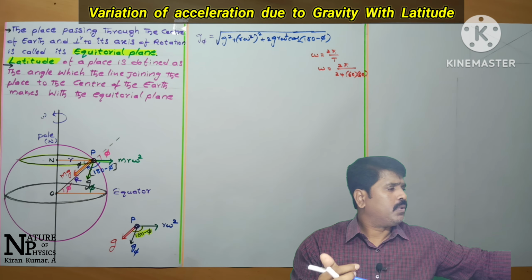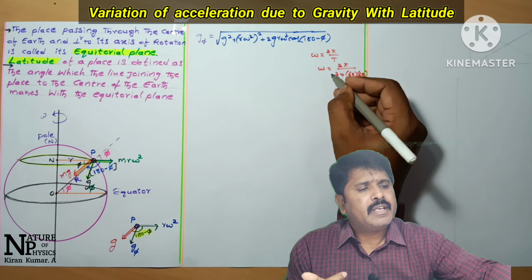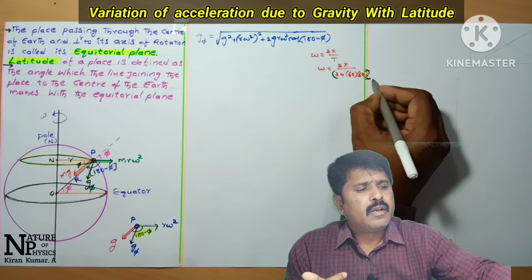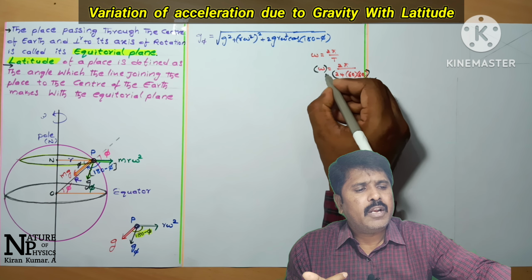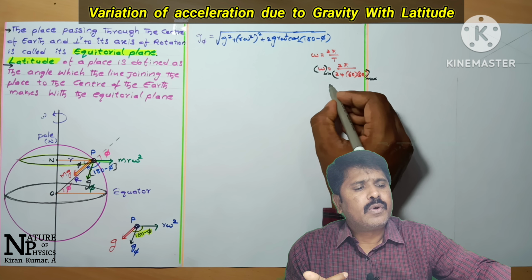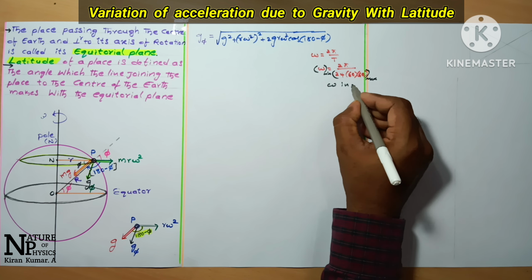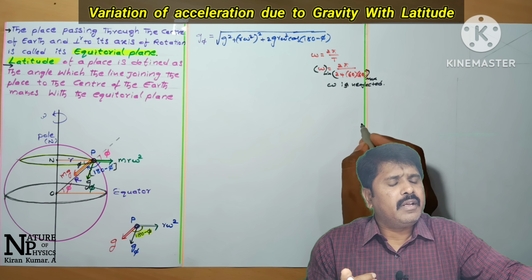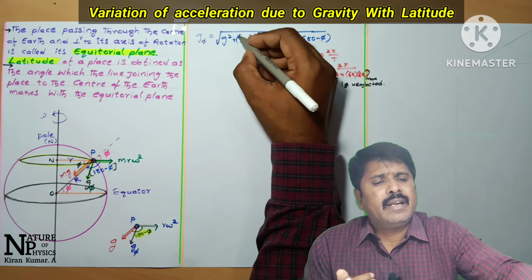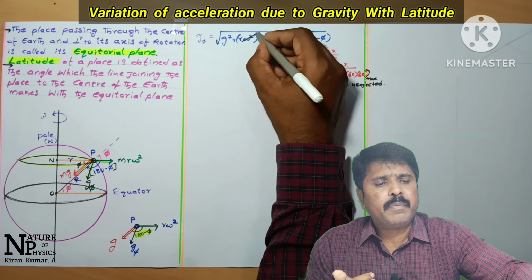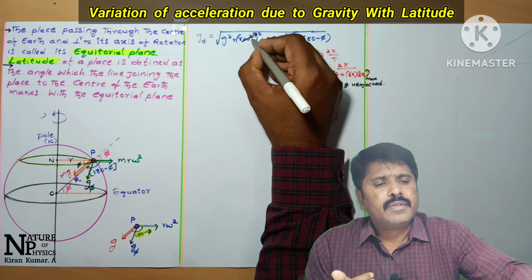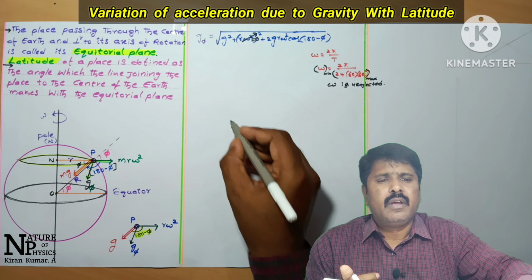So one thing we have to notice here: the denominator is very large, so the omega value is very small. So omega is neglected, okay students. And then, in the continuation step, since omega is neglected, this value is equal to 0, okay.